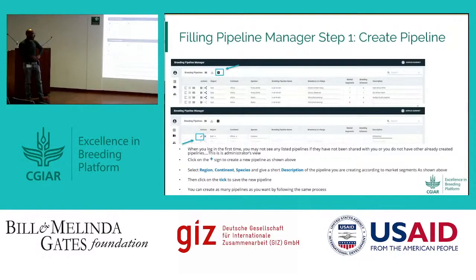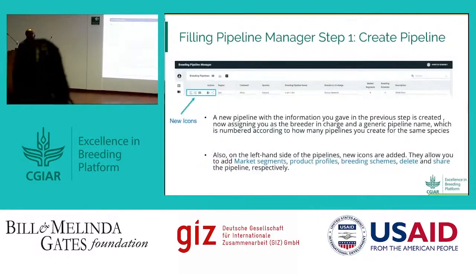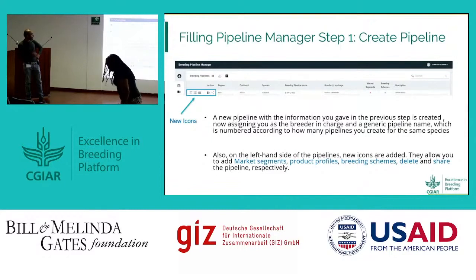Then the breeding pipeline comes and it could attend one-to-one, but in reality in the CG it is taking more market segments at once and all the product profiles nested in the market segments. So like I said, everything is possible, but we feel that that is the more natural way for the CG programs to operate.